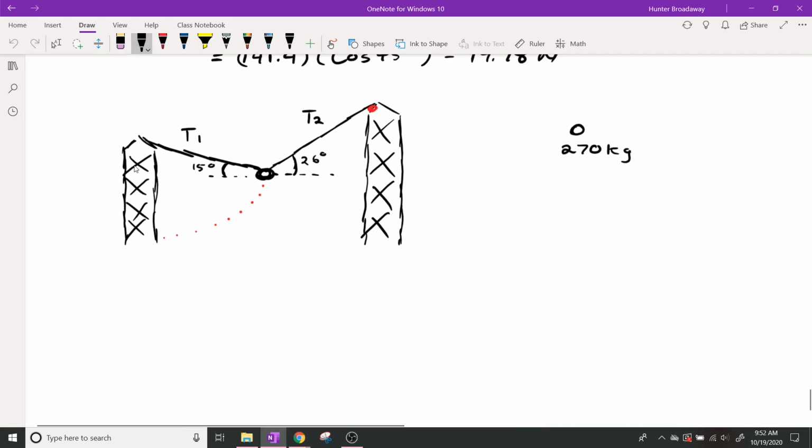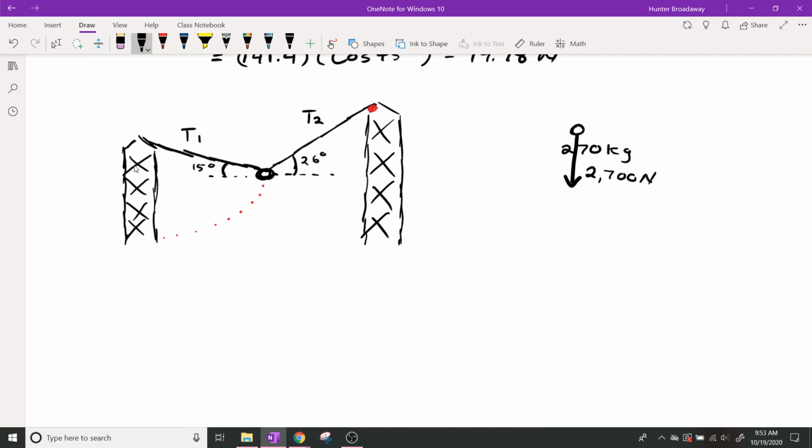What would we do first? Free body diagram. Okay. So yeah, there is a force of gravity on the mass, and it is not 270, it's 2,700 newtons. That's fair. So we have a force of gravity going down.